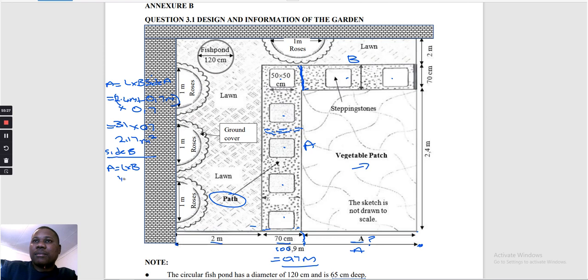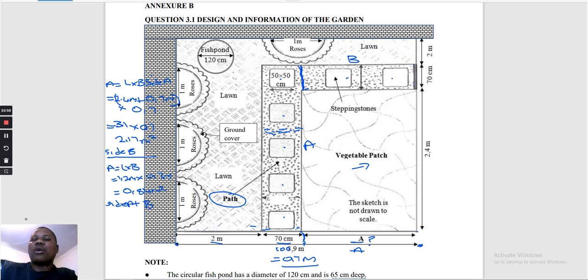So we have 1,2 meters multiplied by, what is the breadth? The distance from here to here, 0,7 meters. And that is going to be 1,2 multiplied by 0,7, and that is 0,84 meter squared.